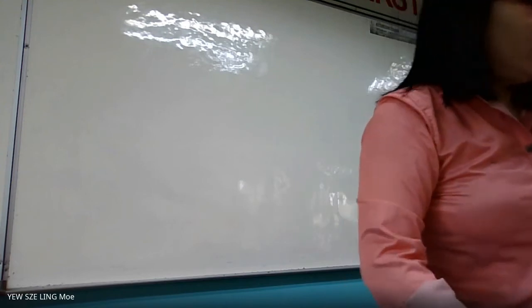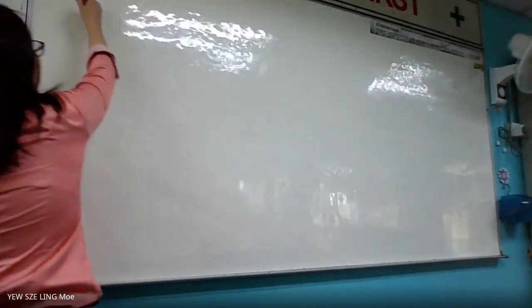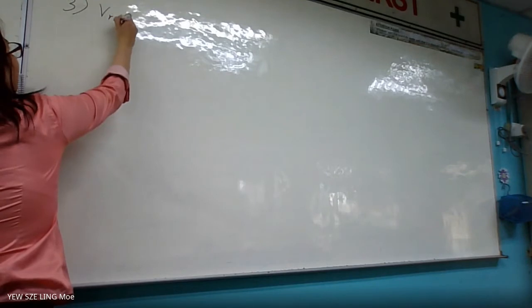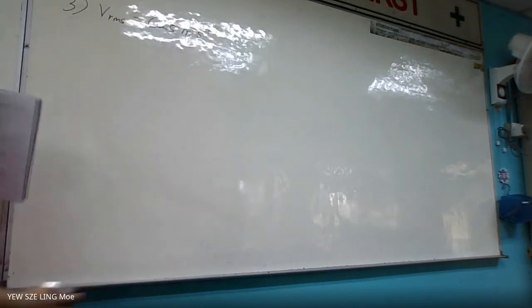So you're given VRMS. As usual, write down the information first. So VRMS given is 625 m s negative 1.